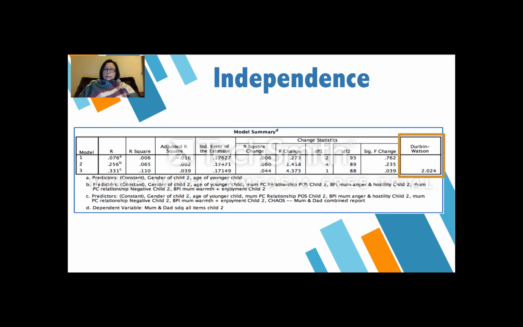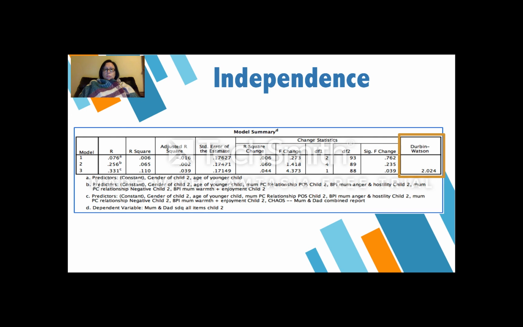If you requested the Durbin-Watson statistic, it would be found in the last column of your model summary table. And this statistic informs us about whether the assumption of independent errors is tenable. As a conservative rule, I suggest that values less than 1 or greater than 3 should definitely raise alarm bells, although I do urge you to look up precise values for your situation of interest to make sure you interpret the data correctly.